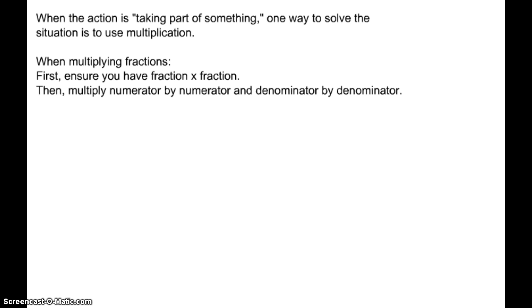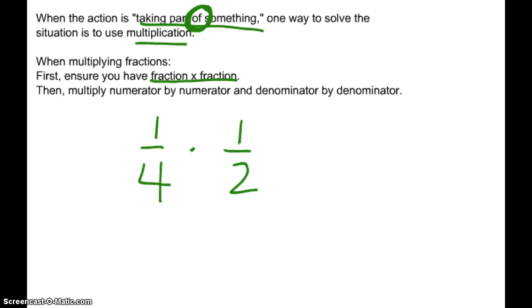So, just to summarize, when the action in the problem is taking part of something, that "of" tells you that you can multiply. And then when multiplying fractions, you have to make sure that you have fraction by fraction, like 1/4 times 1/2, or 1/3 times 2/7.